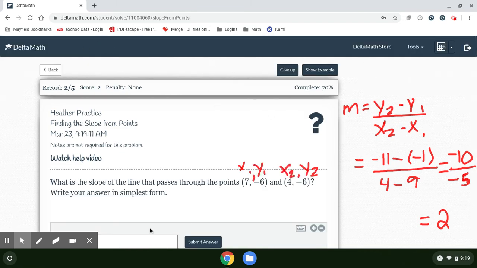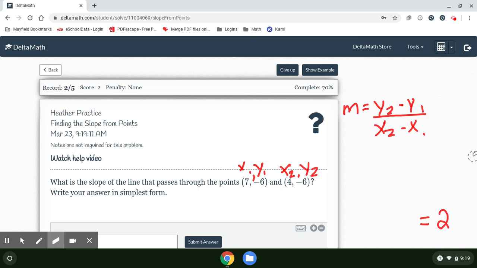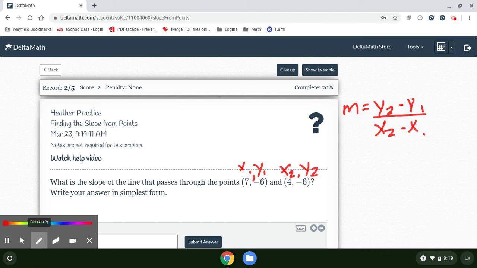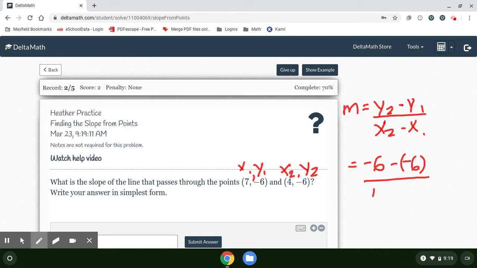Okay. Now I'm just going to erase this since my y2 and y1, x2, x1 are already labeled. And I'm just going to use the new points that I have. So I have 7, -6, 4, -6. So y2, -6, minus y1, -6, over x2, 4, minus 7. -6 plus 6 is 0, divided by -3.